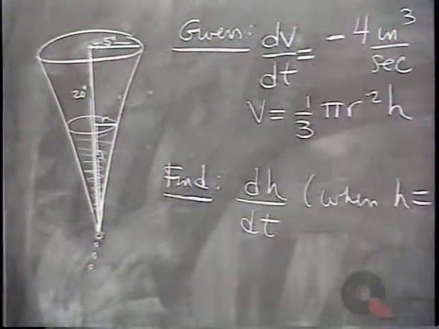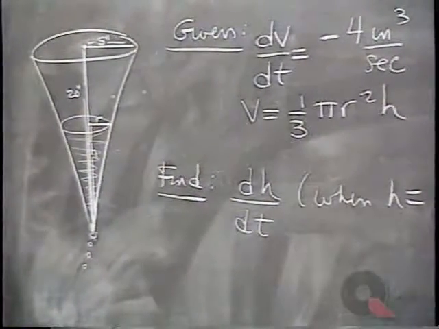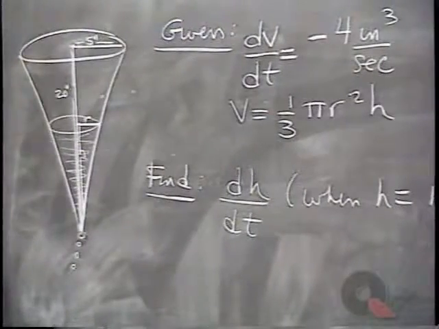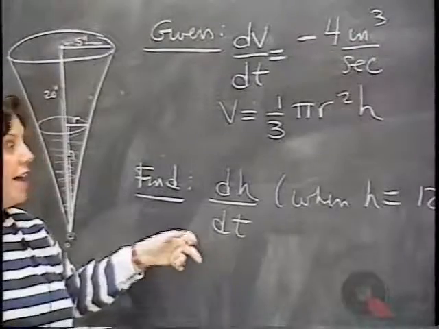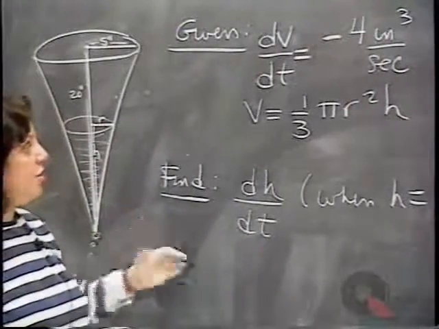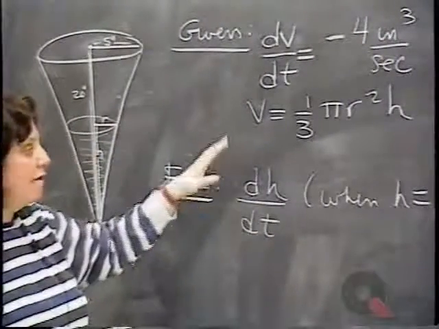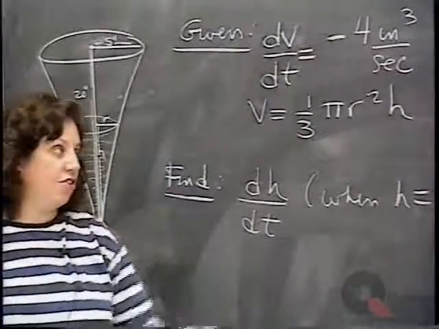So this problem is a little different from the last one because we have dV/dt and want dh/dt, and instead of an equation just linking V and h, we have an equation linking V, r, and h.